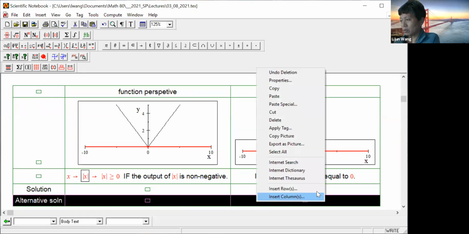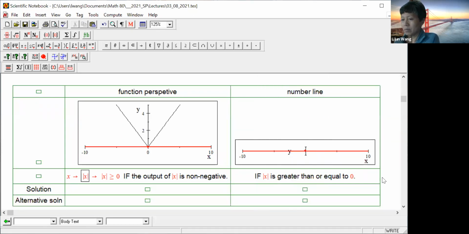No, all real numbers. All real numbers are solutions, okay? Because the absolute value of any number is always greater than or equal to 0. So the solution would be from negative infinity to positive infinity.